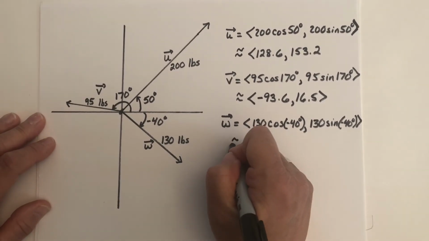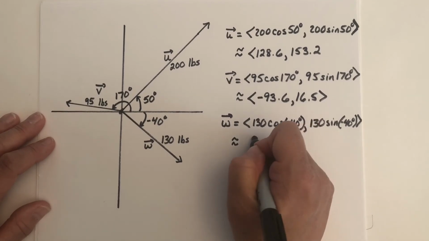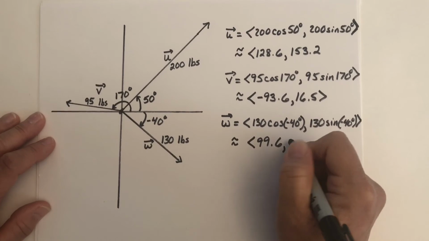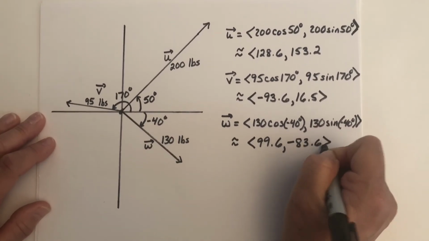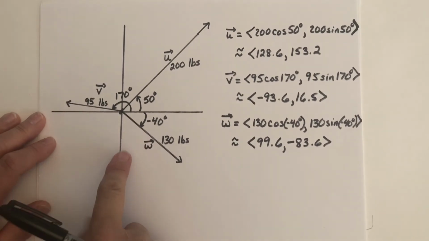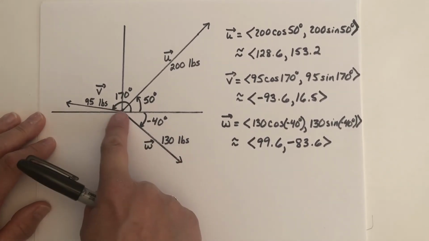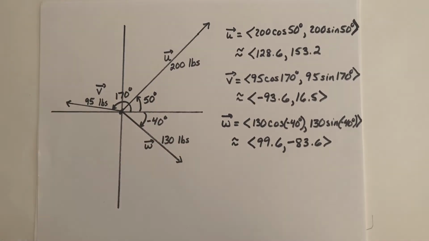So it would be approximately equal to, we'll punch this in on our calculator, and we get 99.6 and negative 83.6. And again, I peek back at my picture to see that it seems about right. If this is 130, 99.6, negative 83.6 seems about right to me.